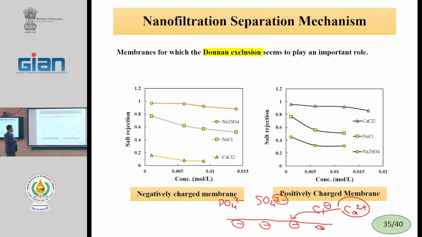Recent studies usually use positively charged membranes for lithium separation because the counter-ion in lithium brines is mostly carbonate, and carbonate is better rejected by a positive membrane. Therefore, if we want to use nanofiltration for lithium separation, it is better to increase the positive charge to increase the rejection of the counter-ions, not lithium.